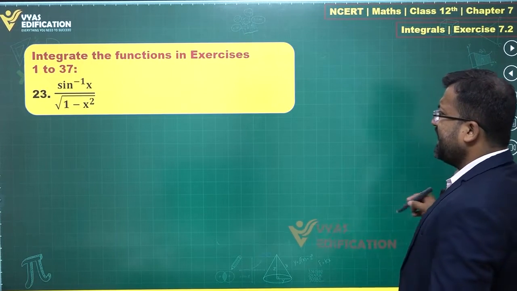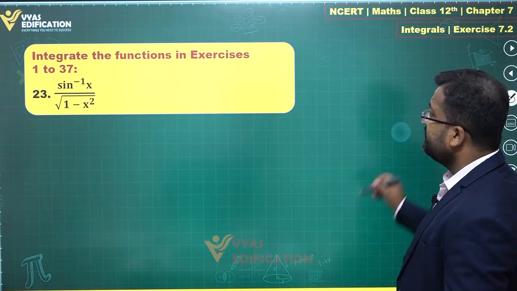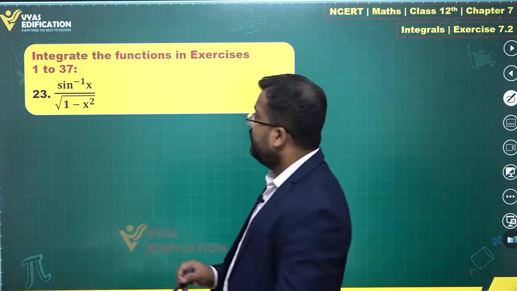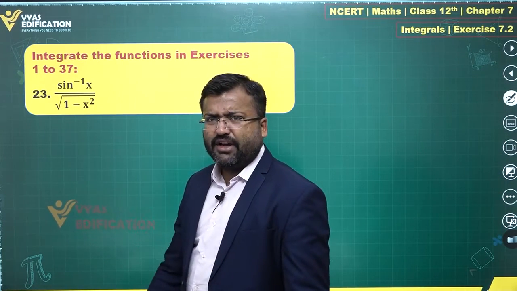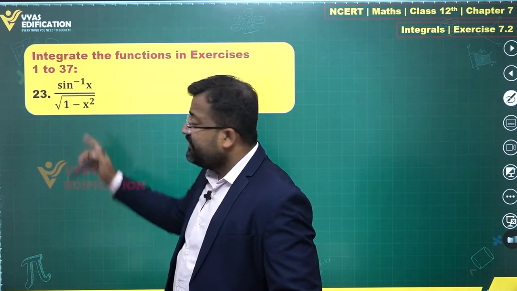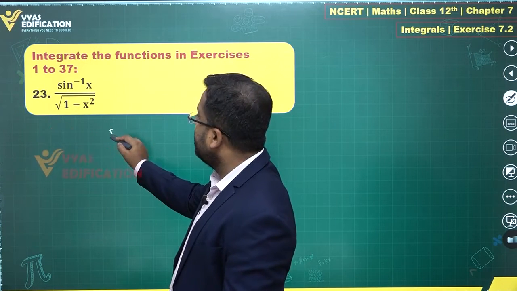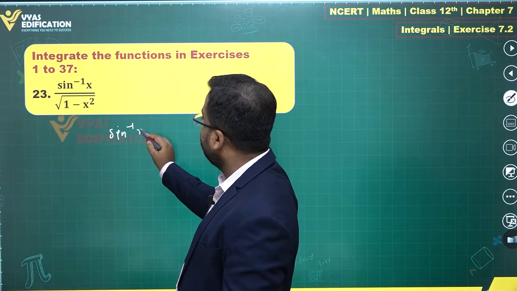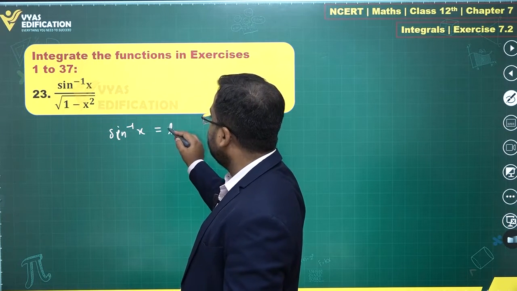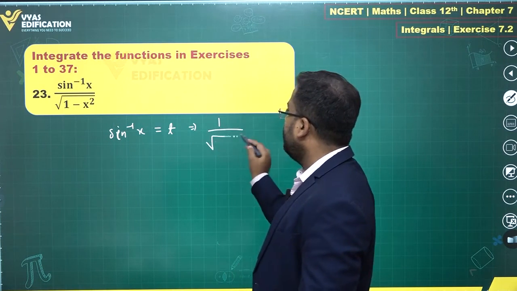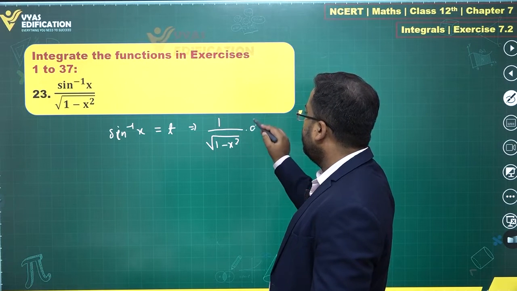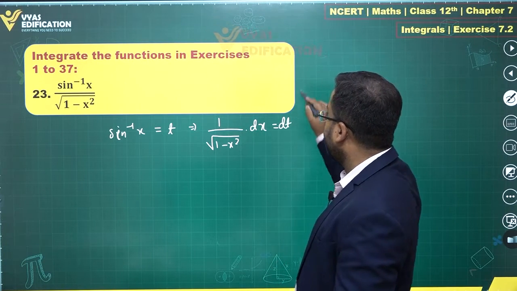In this question, we have sine inverse x upon root of 1 minus x square. If you observe, both the things are pretty complicated, yes. But the derivative of sine inverse x is this. So we can assume sine inverse x equal to t, which gives me 1 upon root 1 minus x square dx is equal to dt.